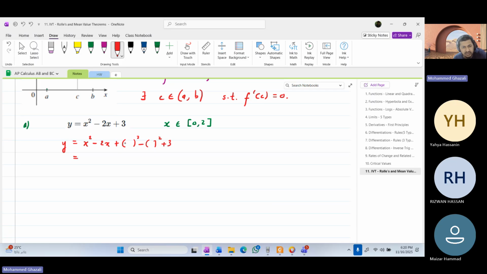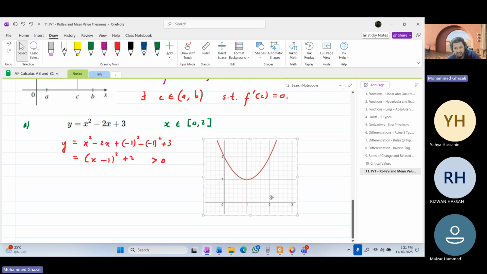That something is negative 2 divided by 2, so negative 1. We have x minus 1 all squared, minus 1 plus 3 is plus 2. So this equation has a turning point at 1 and 2, and since the graph is opening upwards, it can't have x-intercepts, because this part is always greater than 0. That's why the graph looks like this.